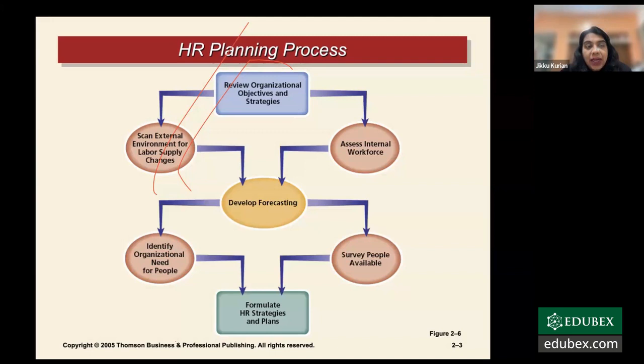You need 150 total employees so that the new project can function with ease, and you have 100 employees existing with you now. Then there is a gap of 50 employees. You have 100 employees, that is the internal workforce already available with the organization, and because of the new project you are anticipating, you need another 50 employees. So there is a gap of 50.